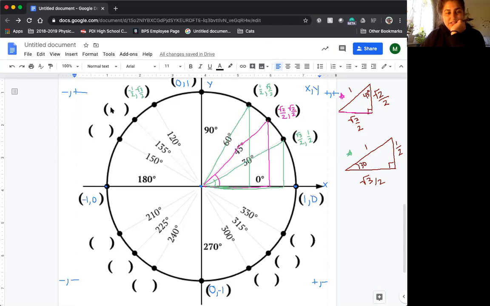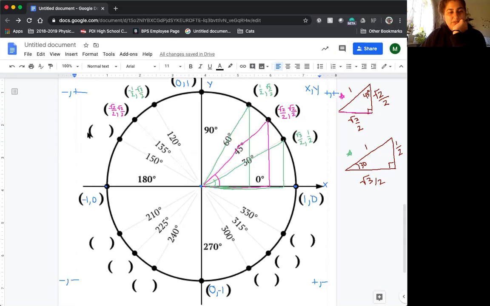Over here, not much really changes. It's just negative root 2 over 2, comma, positive root 2 over 2. Right? They match up. The only thing that's different is that that x is negative because this part is the negative x-axis.